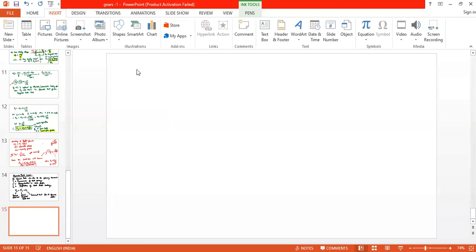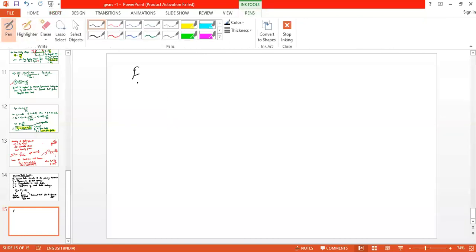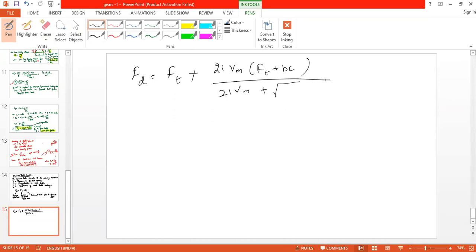So we can write FD equal to FT, the actual tangential tooth load, plus 21 VM into (BC plus FT), divided by 21 VM plus square root of (BC plus FT). This is the equation which gives the dynamic tooth load.